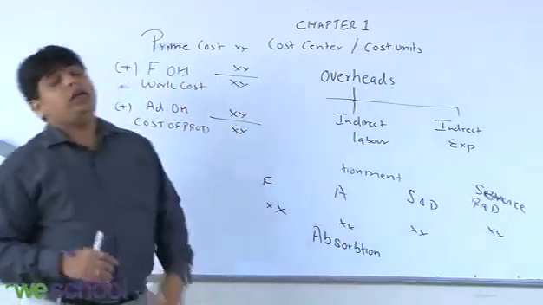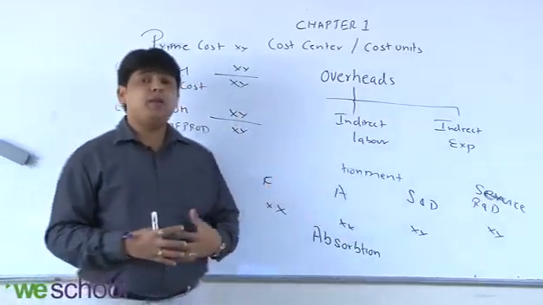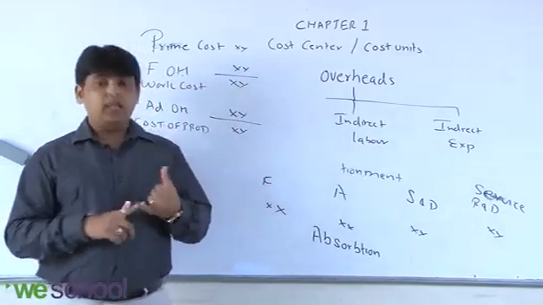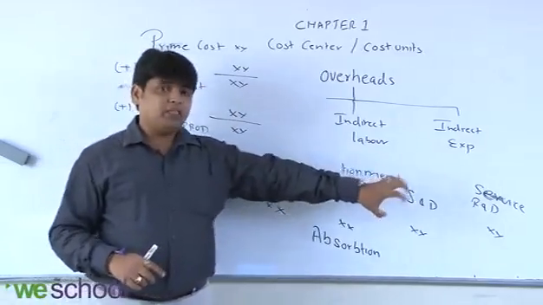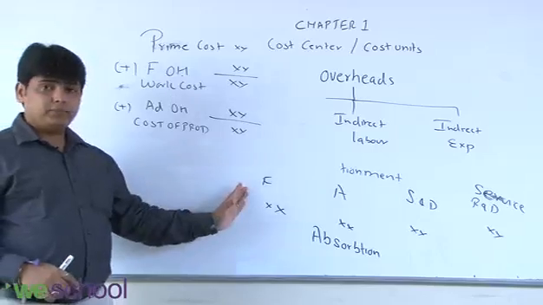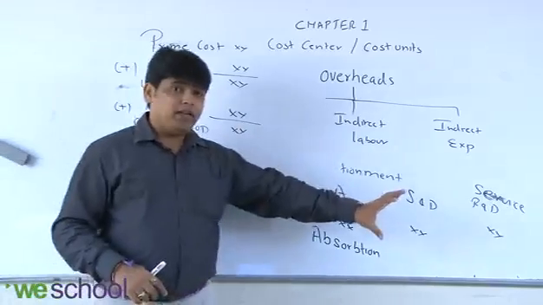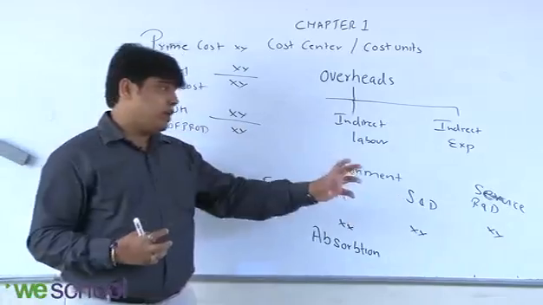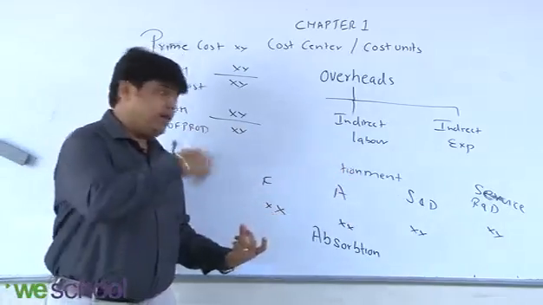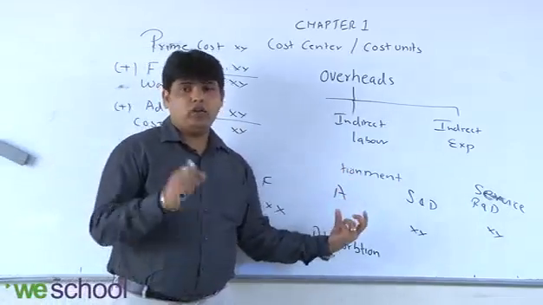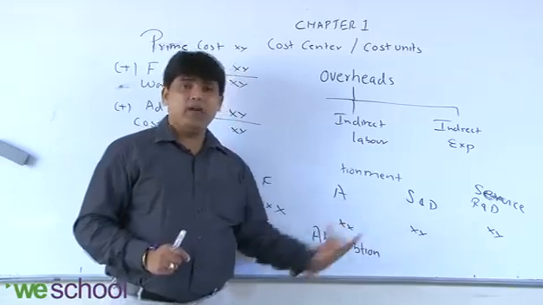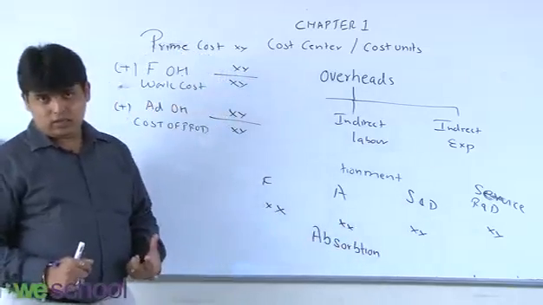Research and development, and service department. Either the service department expense is fully charged to factory overheads, or the major part of the service department expense is charged to factory and the remaining is charged accordingly on certain ratios to various departments or cost centers, right?